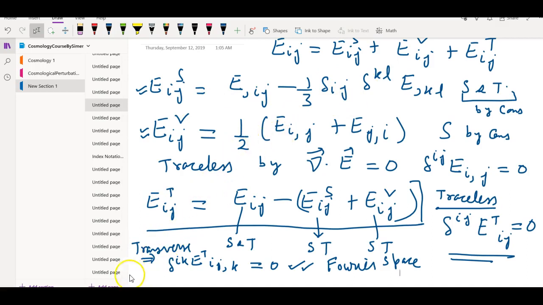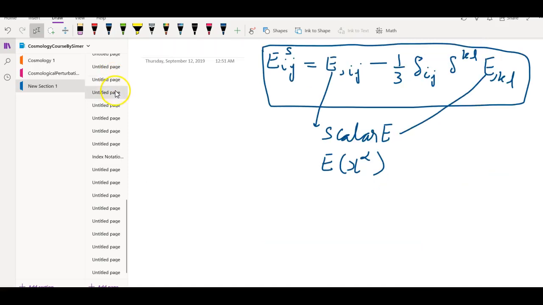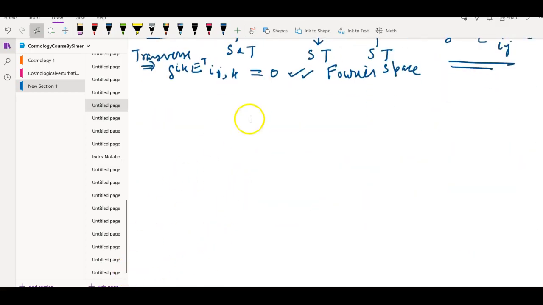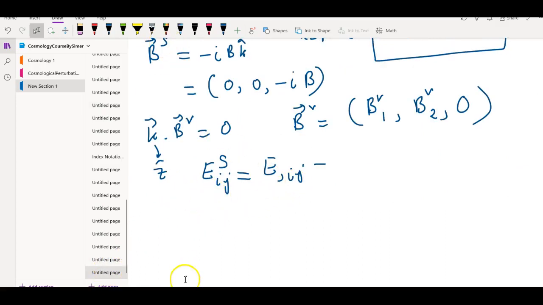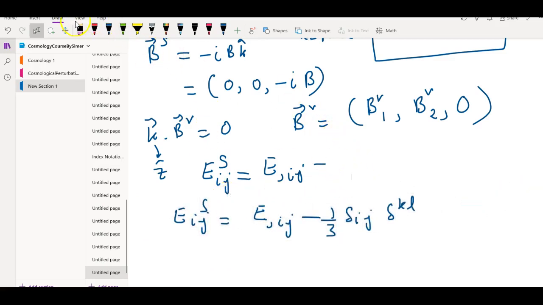Let's see if we can copy this. Yeah, so this is E_ij scalar.